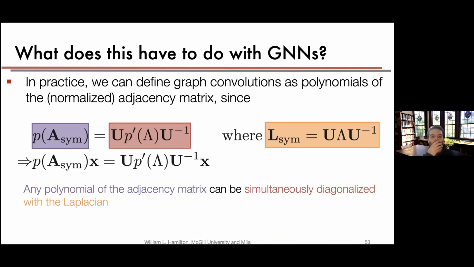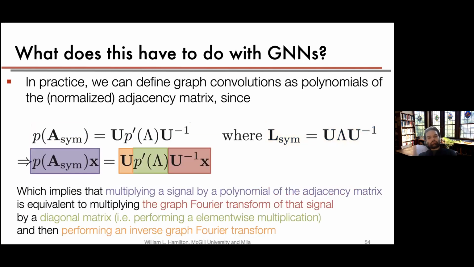Okay, so what does all this graph Fourier analysis actually have to do with GNNs? In practice, we can define graph convolutions. One way of coming up with valid convolutions on a graph is by taking any polynomial of the normalized adjacency matrix. Any polynomial of the normalized adjacency matrix can be simultaneously diagonalized with the graph Laplacian.